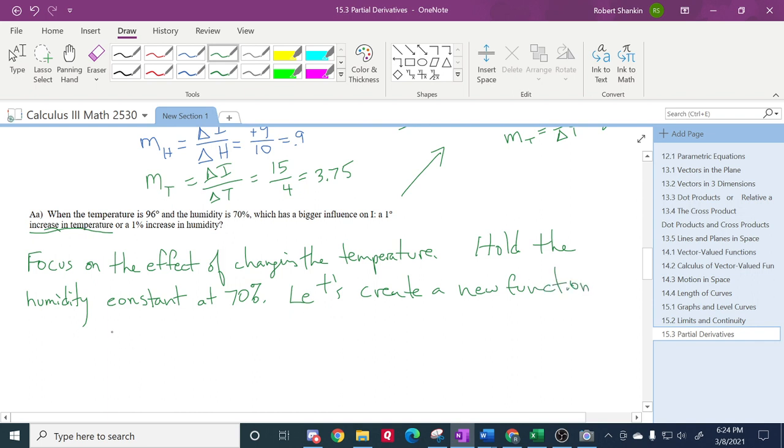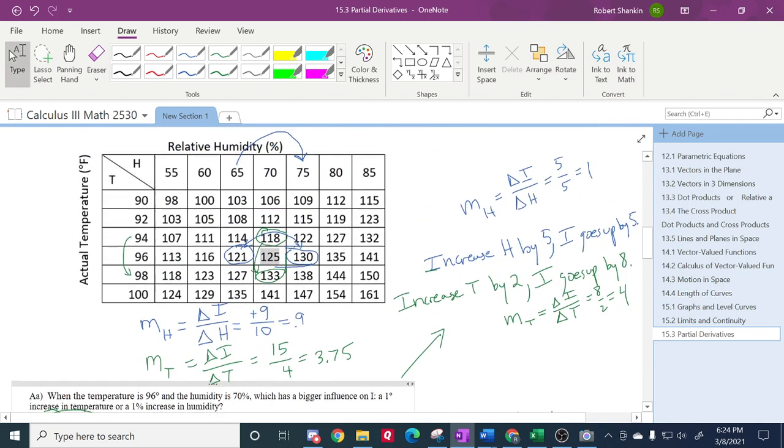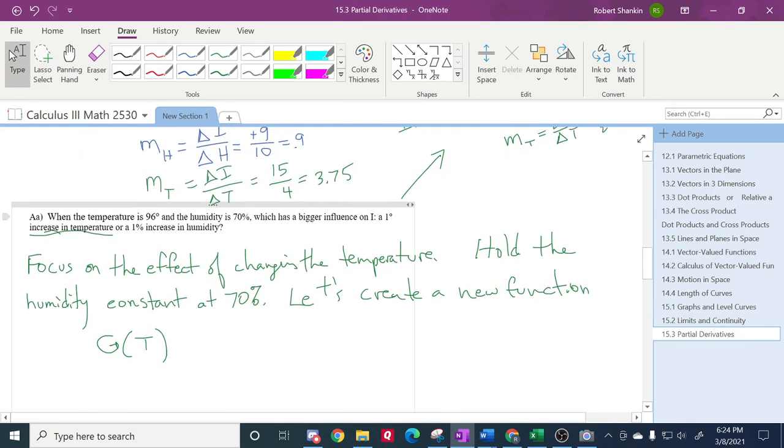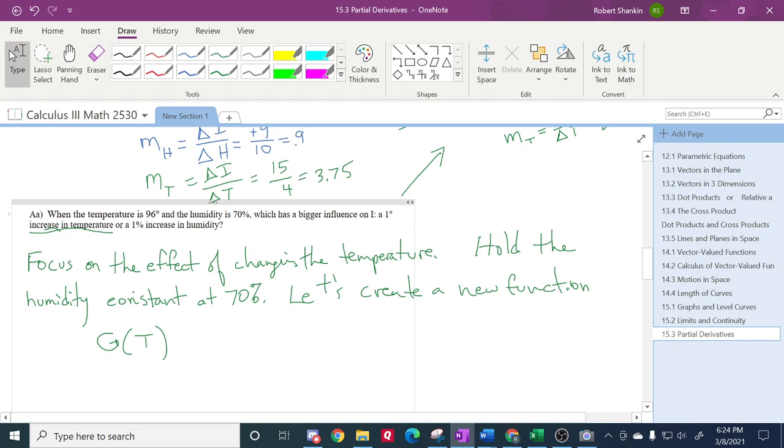We'll call it G of T. Now, we have kind of an I of T and H for the index. G of T is going to equal the same as I of cap T, comma, 70.